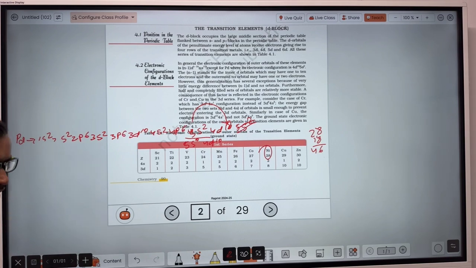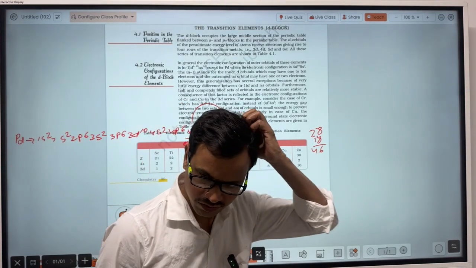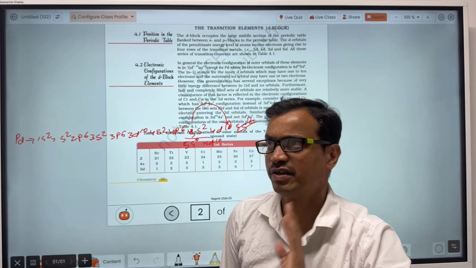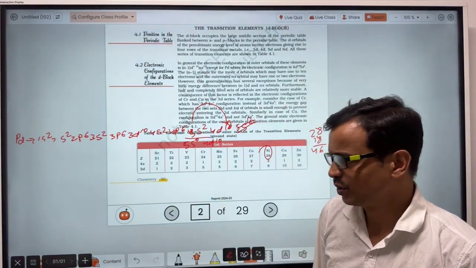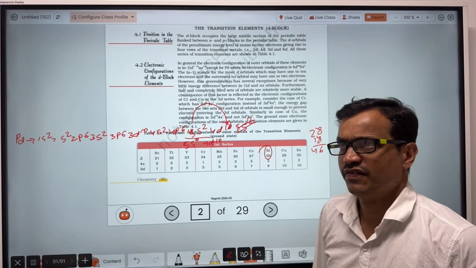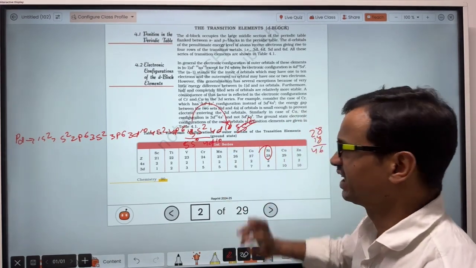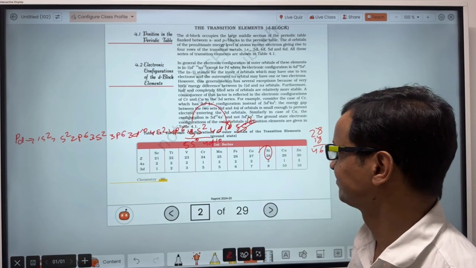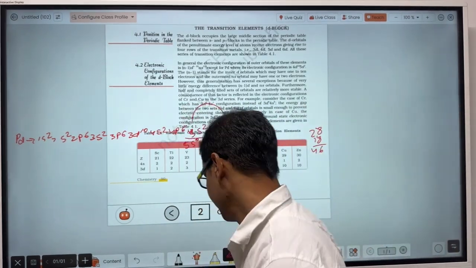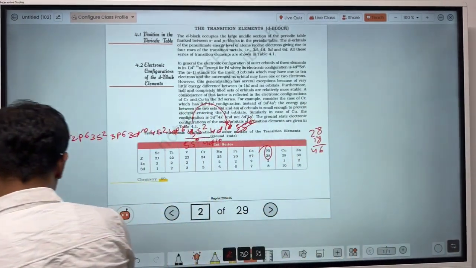That is an exception only for palladium. In the case of palladium, the 2 electrons from 5s enter into 4d, and hence the electronic configuration will become this one. That was the exception in electronic configuration.